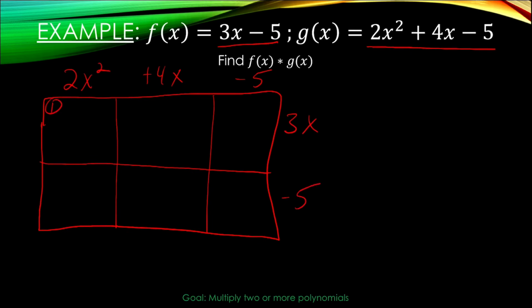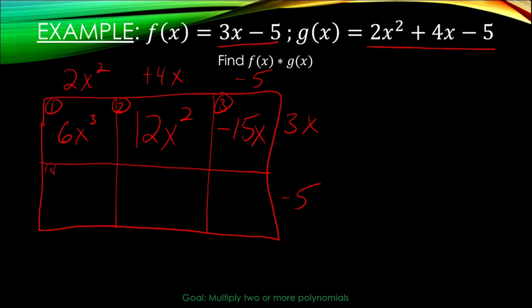In this first box here, it's 2x squared times this 3x, which gives me 6x to the third. This next box is 4x times 3x, which gives me 12x squared. Then this third box, we have negative 5 times 3x, which gives me negative 15x.